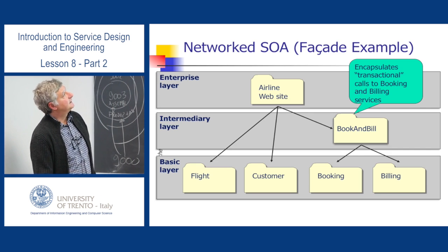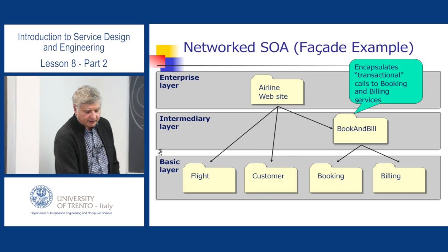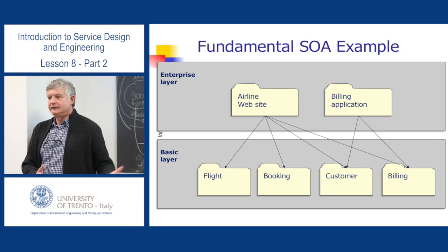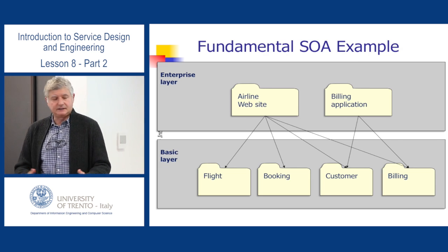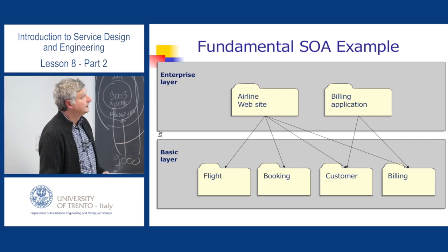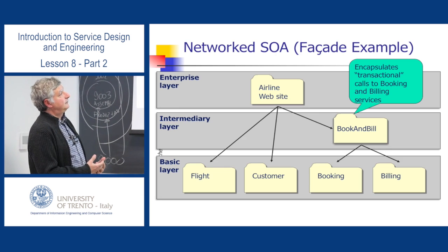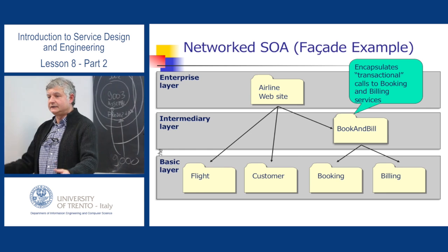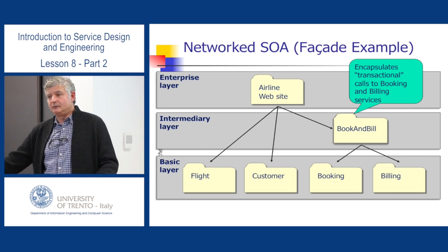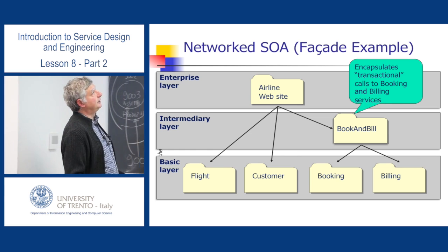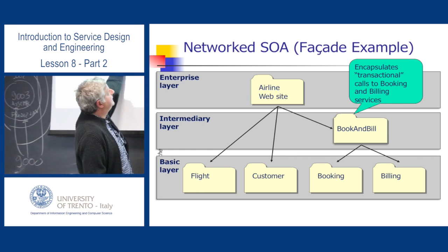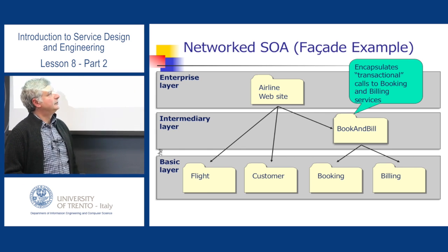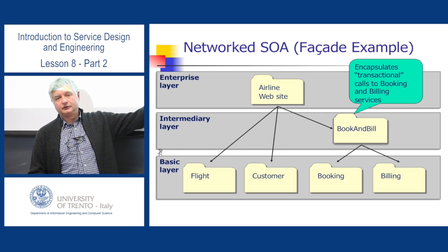The next step we can do, once we have these components, which can also improve, is to enlarge the simple example in various directions, in various domains. In place of using two entry points, the website and the billing application, you can have only one entry point, the website, because you can build a facade service in the intermediate level, which deals with a particular part of your problem.